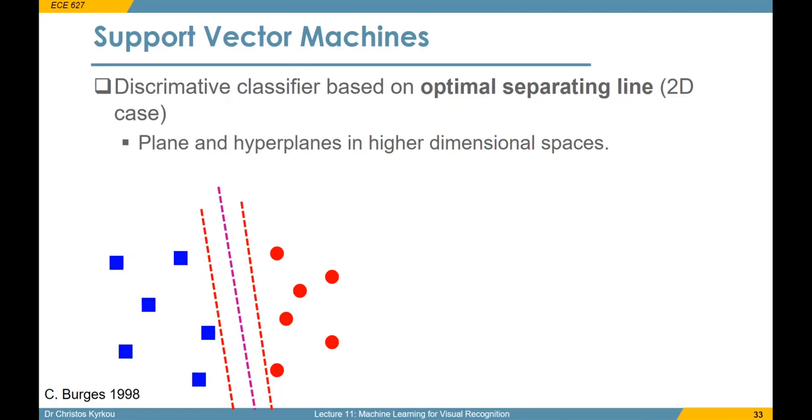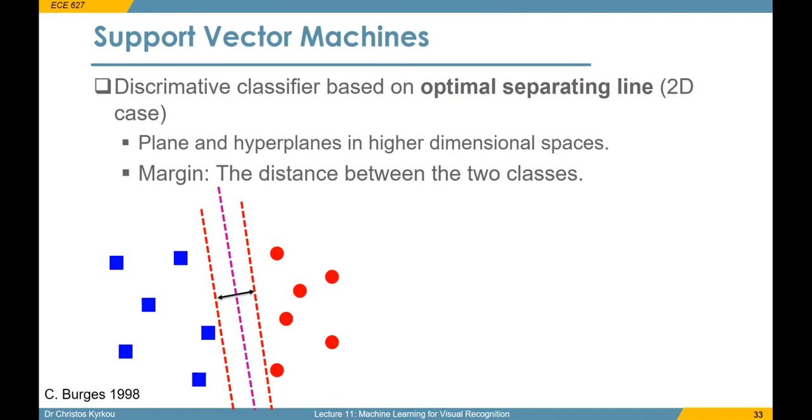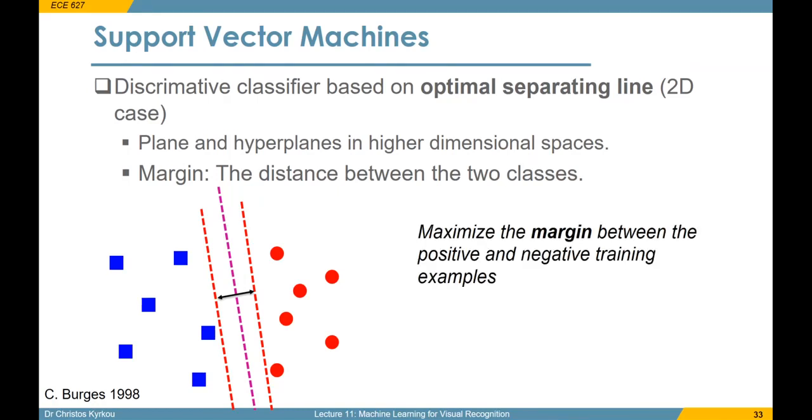And the best line, as found by SVMs, lies in the middle of these two lines. And we call the distance between one boundary and the other boundary the margin. So they define this notion of margin. What we want to achieve basically is to maximize the margin between one class and the other class, so we can find the best possible line.